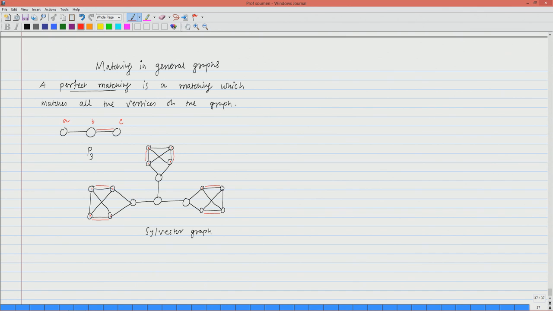You are left with 4 vertices, this one, this one, this one and this one. Now, what maximum you can do is include this in the matching, then these 2 vertices are matched, but you can't find a matching for these 2 vertices. So, this is a 3 regular graph, and the number of vertices is equal to 16.